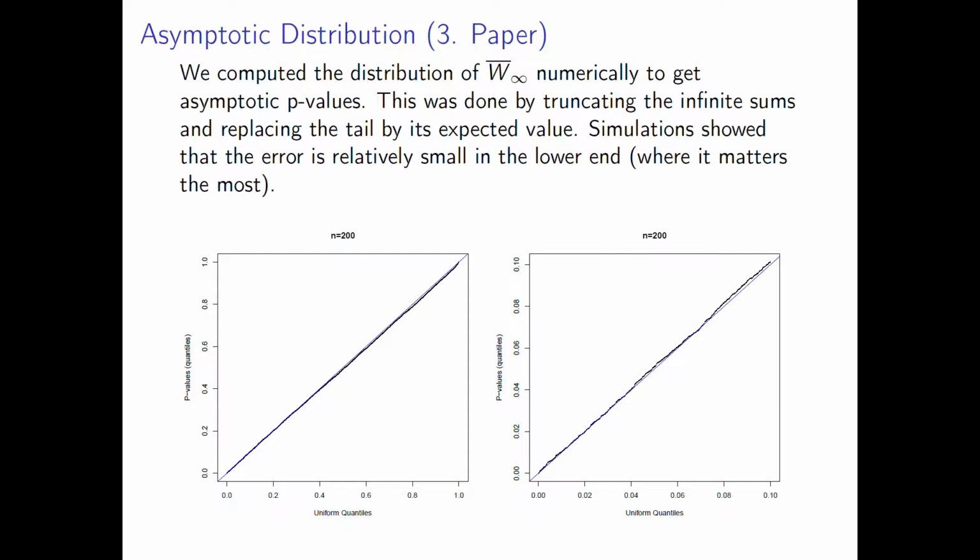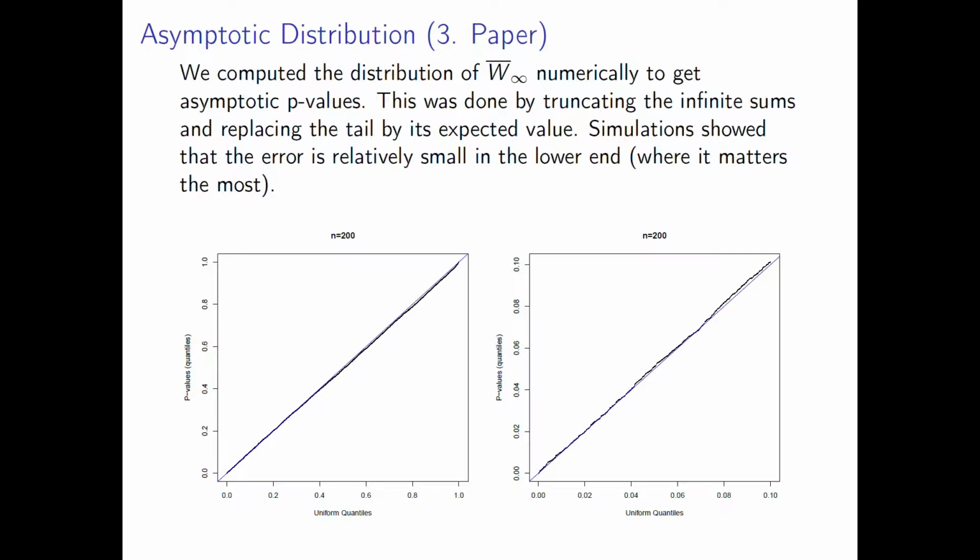When we look at the left plot, this is the plot for the entire quantiles from 0 to 1. We can see that there's a slight gap at the upper end. When the quantiles are from 0.8 to 1, there's a slight difference between the blue line and the black line. The blue line is the exact quantiles, and the black line is the asymptotic quantiles.